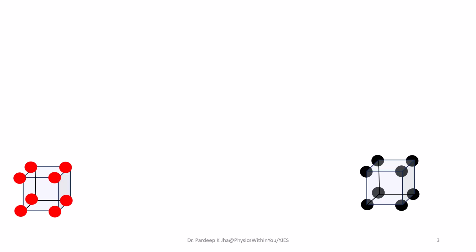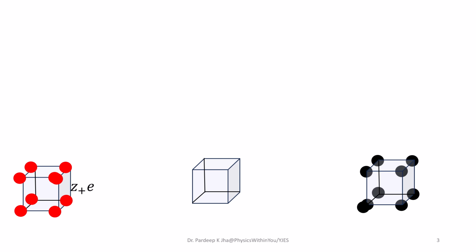Typically, in the case of an ionic crystal, let's say we have two atoms A and B that form a new molecule AB. Assume that A has the charge Z plus, and the other has the charge of Z minus.